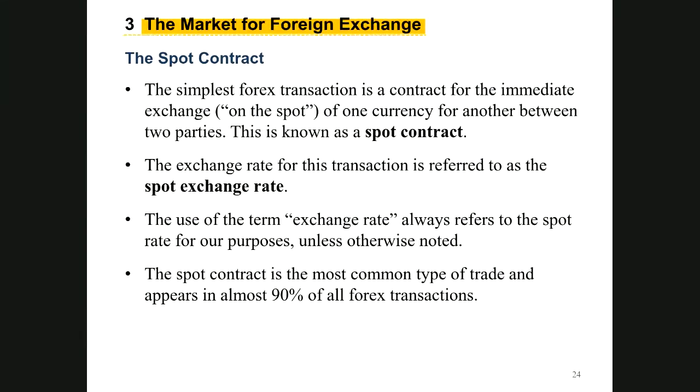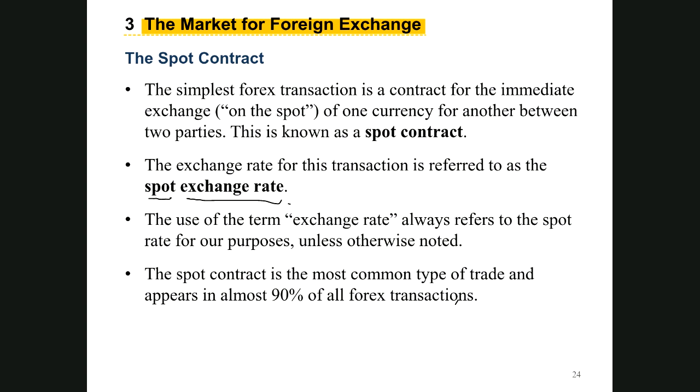Okay, so let's take a look at the simplest, the most straightforward exchange rate. We call it the spot exchange rate. So what does it mean? That means the exchange rate applied on the transaction, right?